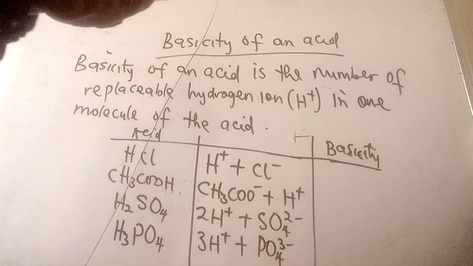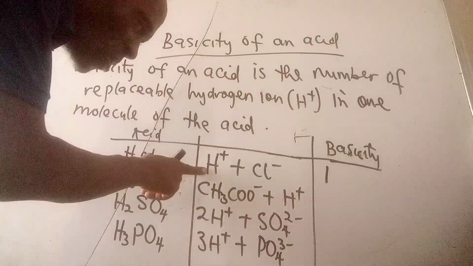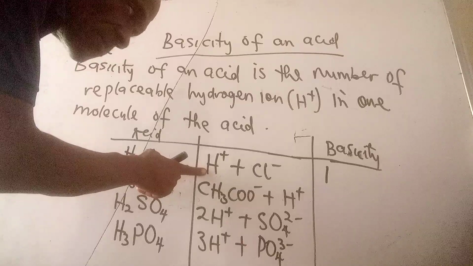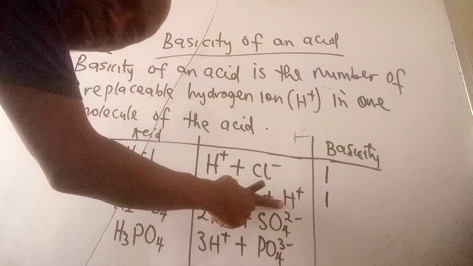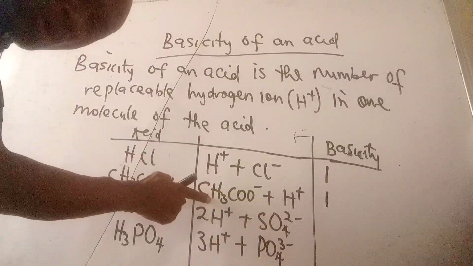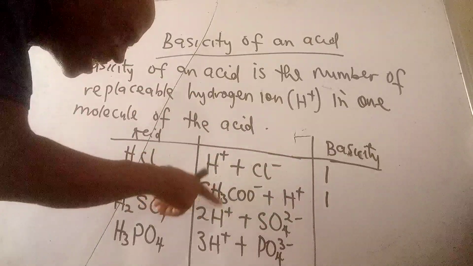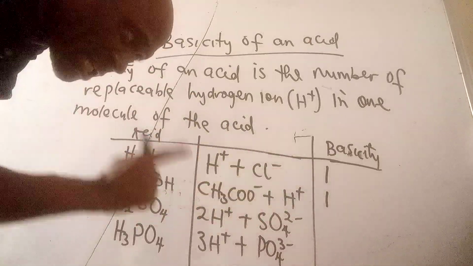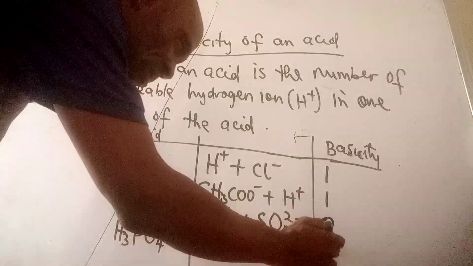Now, when you look at this, the basicity here is 1 because there is one hydrogen ion produced. Basicity here is also 1 because there is only one hydrogen ion produced. These 3 hydrogen atoms here are not part of the basicity because they are not released as ions. Please take note of that. This one is 2. This one is 3.